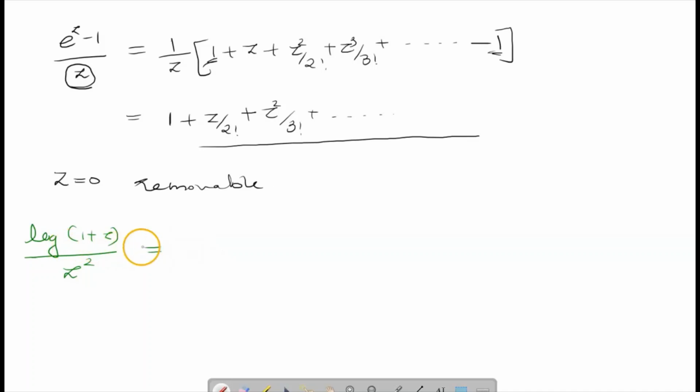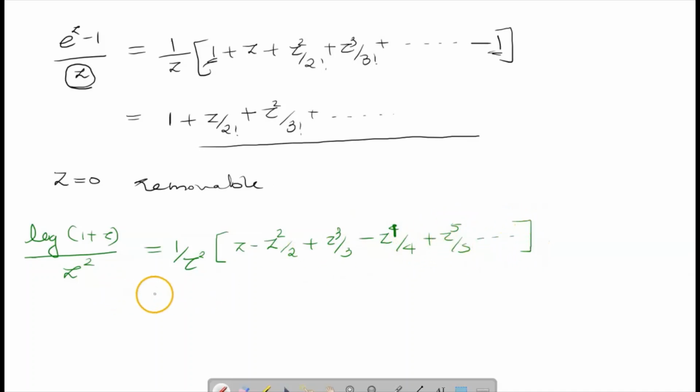The expansion of log 1 plus z is z minus z square by 2 plus z cube by 3 minus z raised to 4 by 4 plus z raised to 5 by 5, etc. So, divided by z square, we get 1 by z minus 1 by 2 plus z by 3 minus z square by 4 plus z cube by 5, etc.